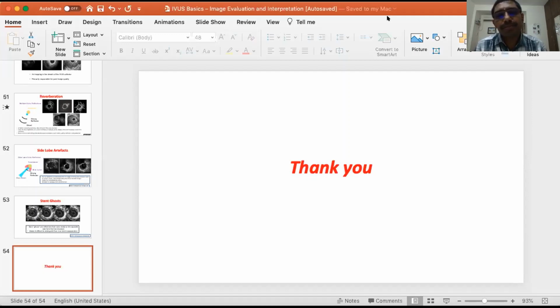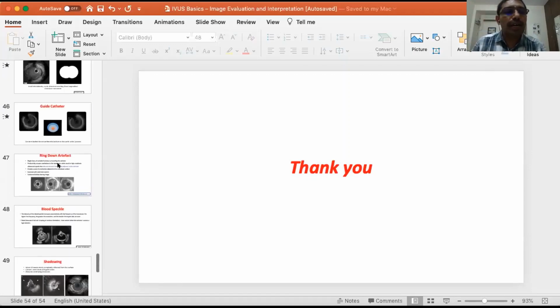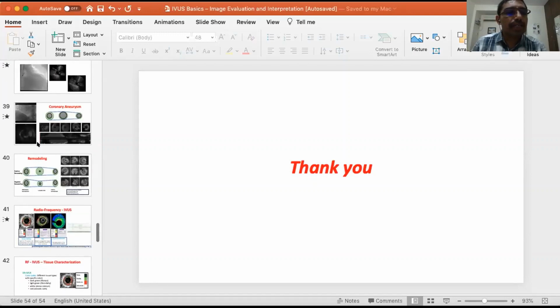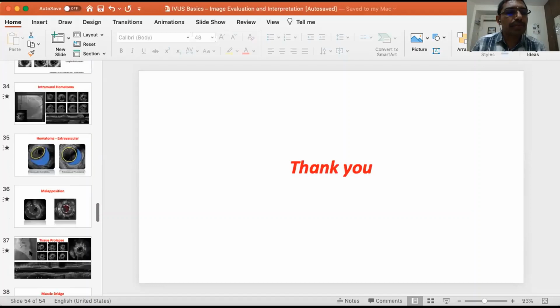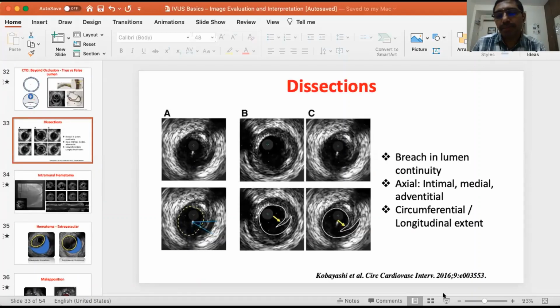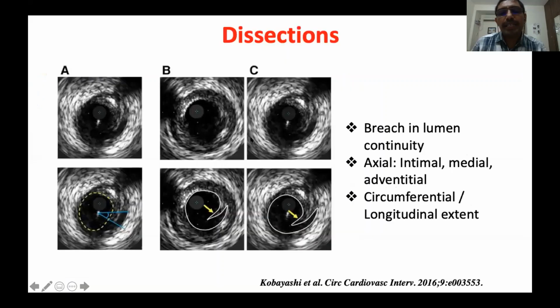Okay. And how to measure vessel size? Yeah, that is a different topic. I didn't touch it because I thought maybe we'll do it with the intervention session. So if you see a normal non-stented artery, I'll just show you an example here. If the artery is non-stented, there are two interfaces. First one is your lumen intima interface.